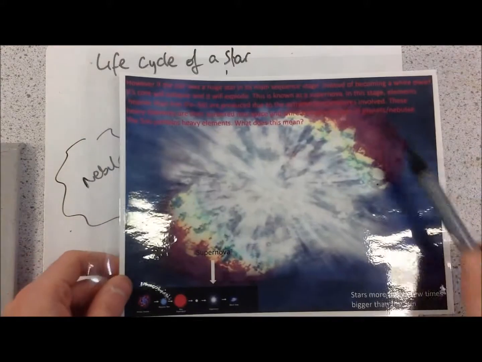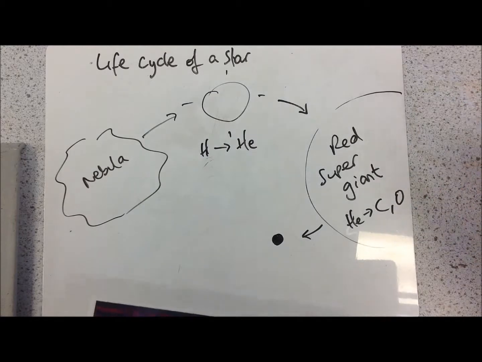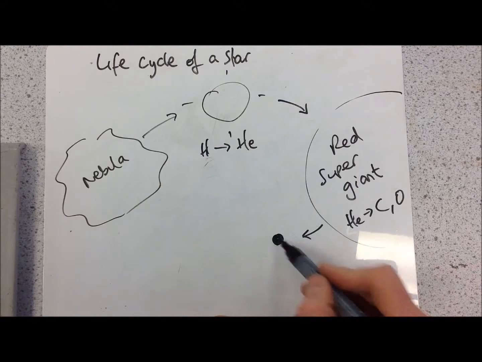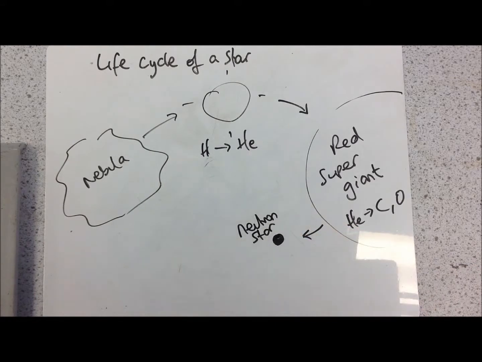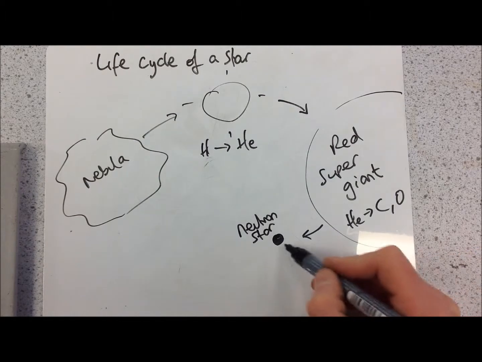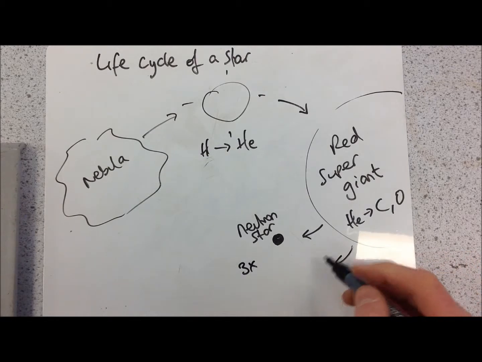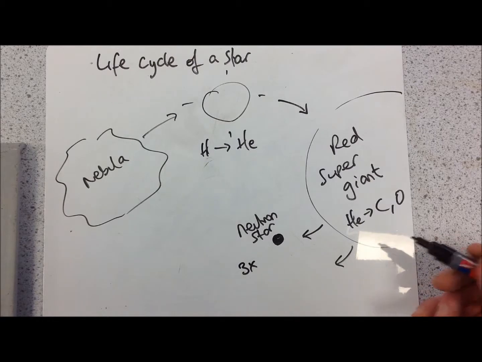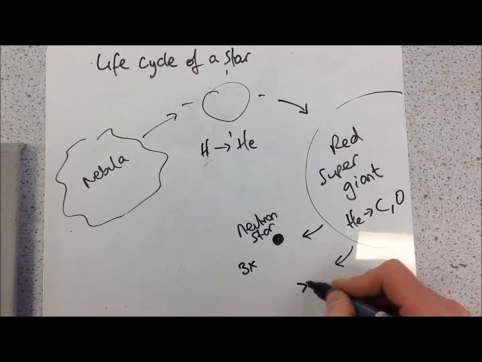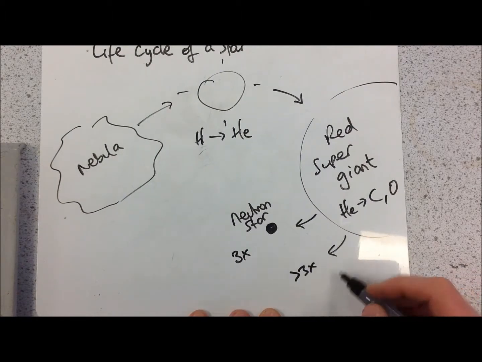So when a star gets to this stage and it's a red supergiant and then it collapses in on itself after it's run out of helium, it can collapse to become a neutron star, or if it's greater than 3 times the mass of the sun, it will become a black hole.